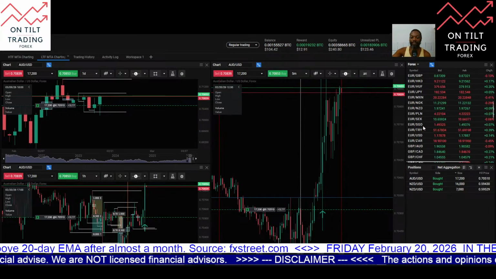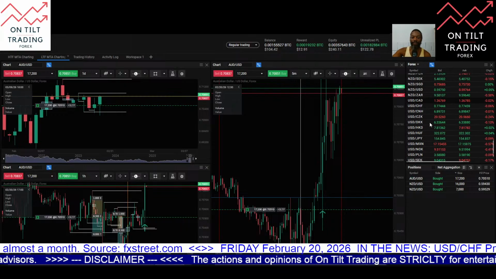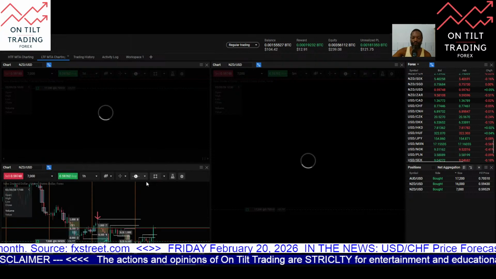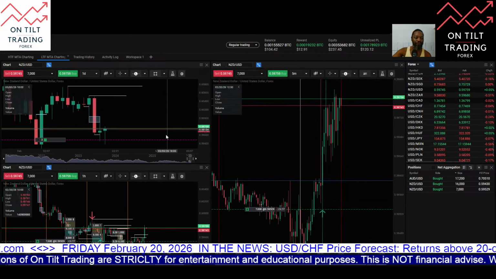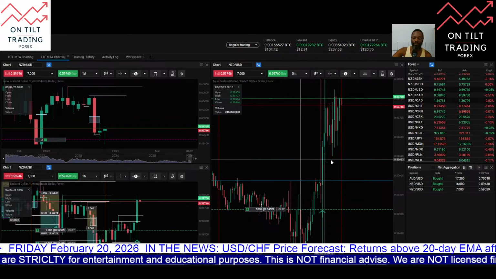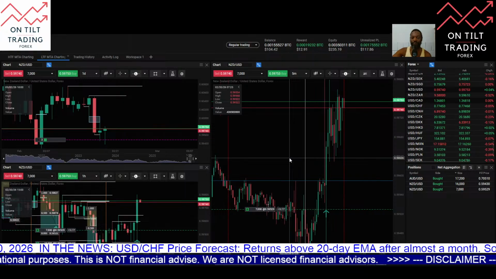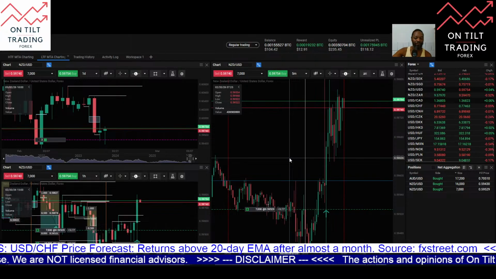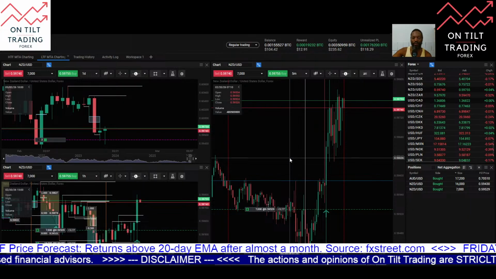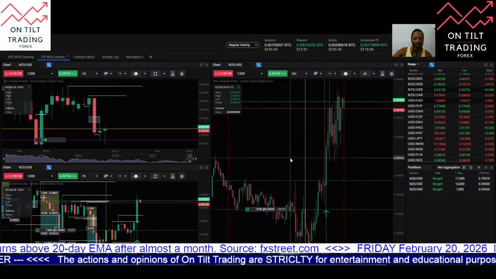Still consolidating here. Head back over to Kiwi dollar. See Kiwi dollar, similar price action here. And that concludes the New York AM kill zone.